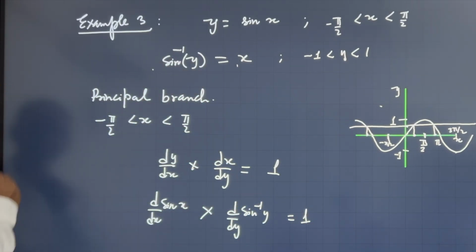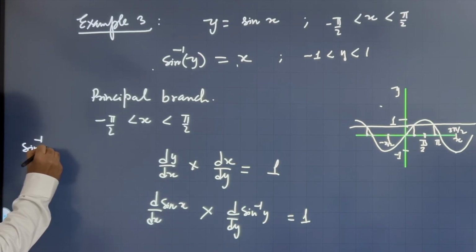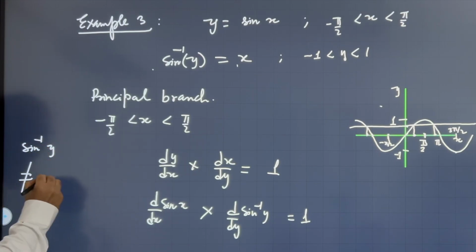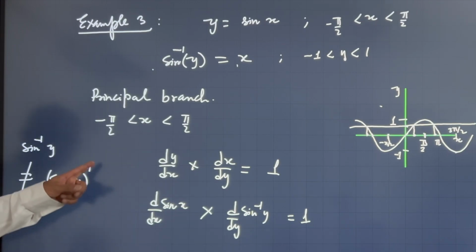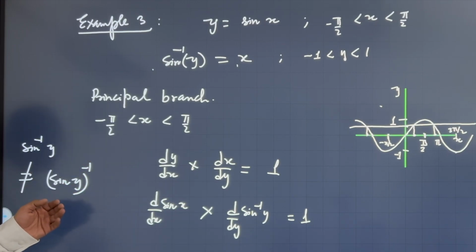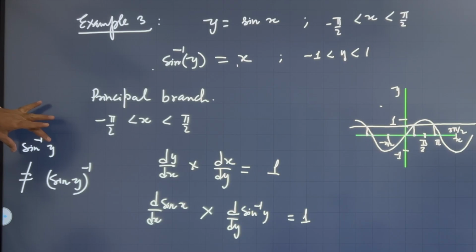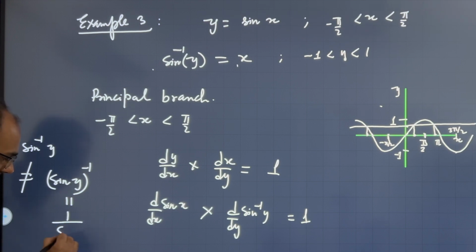Okay? Remember, when we write sine inverse of y, this is not this. This would mean 1 over sine y. Okay? So the notation for inverse function for trigonometric functions is like this. These two are distinct things. This would mean 1 over sine of y. Understand?